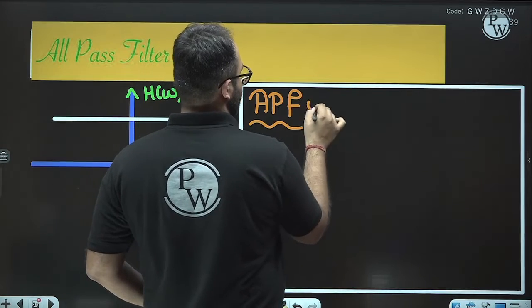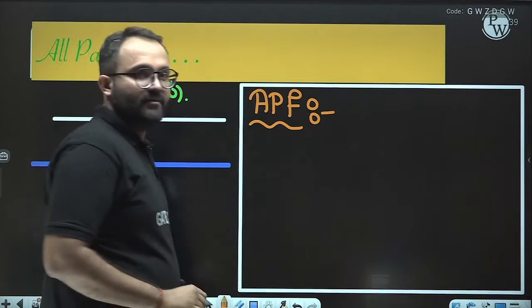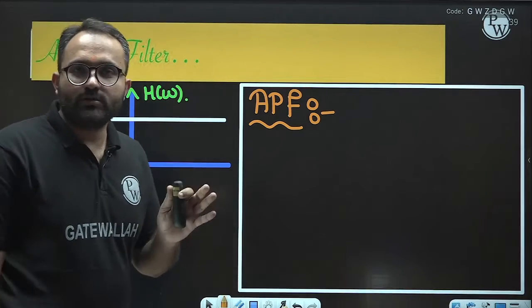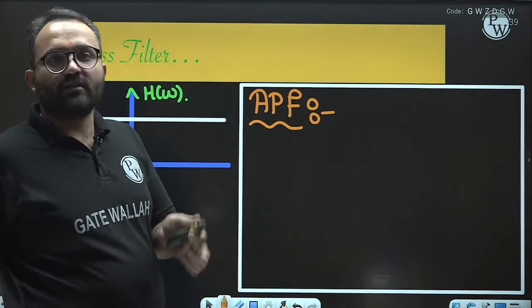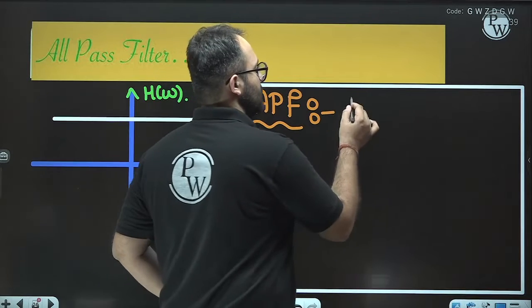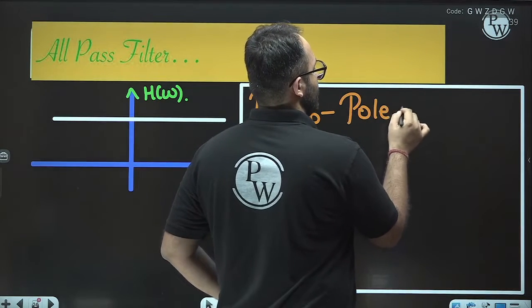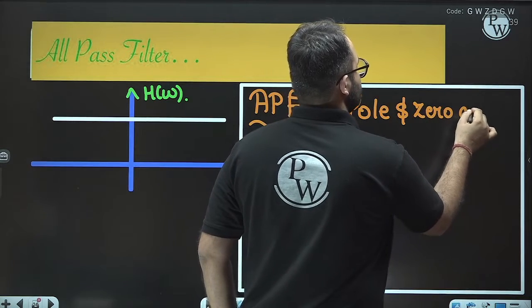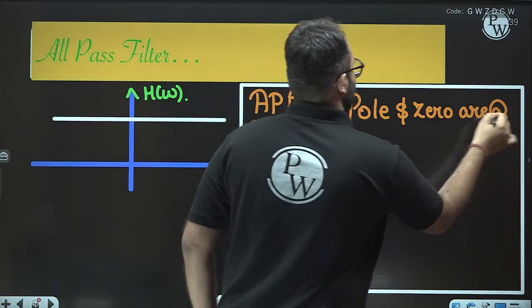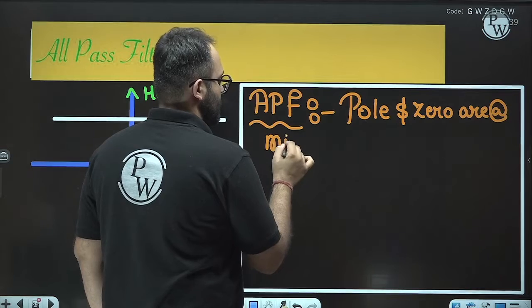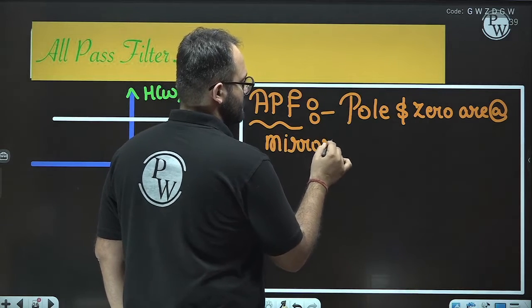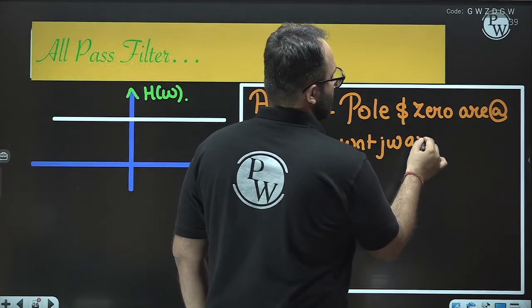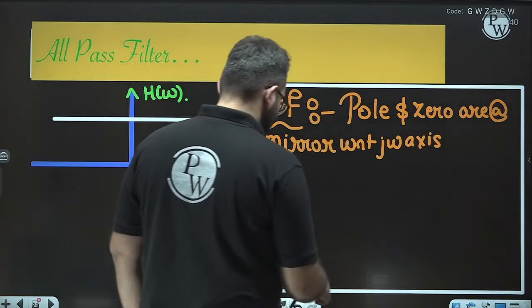The property of all pass filter is that the poles and zeros are at the mirror image with respect to the j omega axis, or the vertical axis.